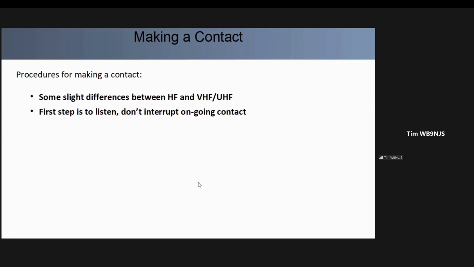Doesn't matter where you are, though. The very first step before trying to make a contact is to listen. Listen for a good 15, 30 seconds to make sure that you're not interrupting a conversation that's already in progress. Remember, nobody has a specific right or a special claim to a frequency.